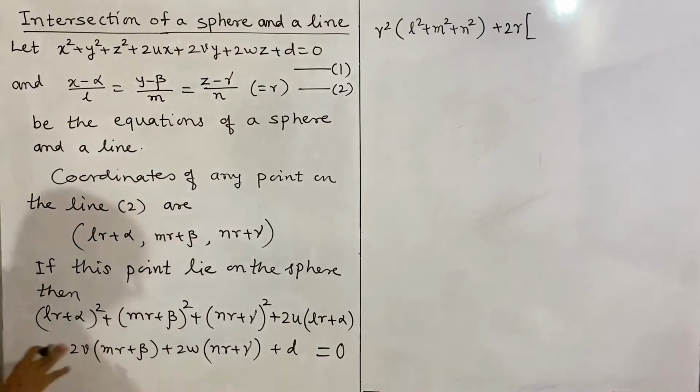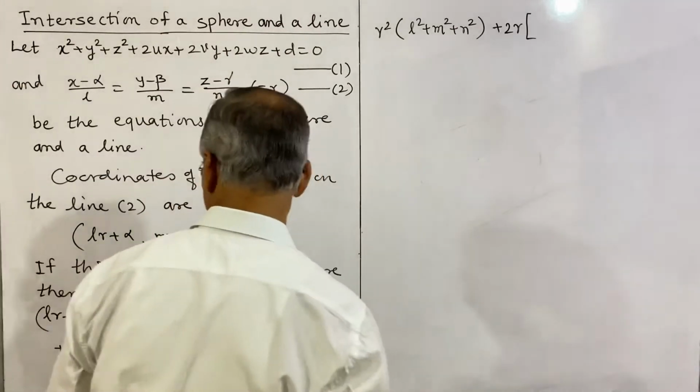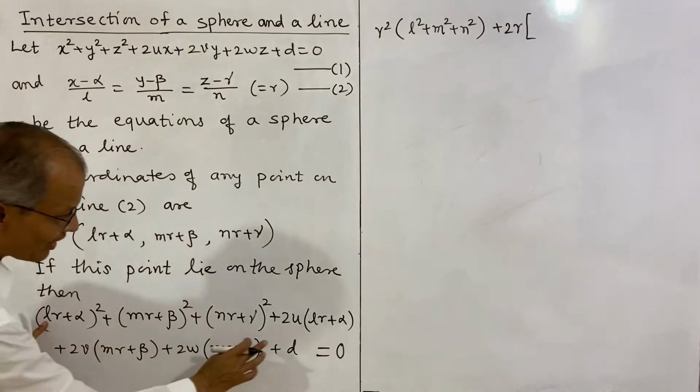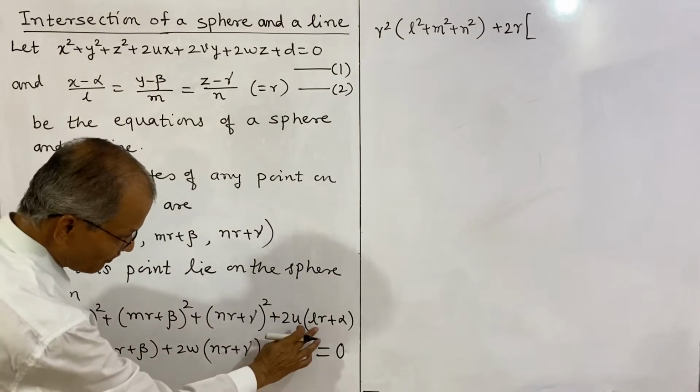These are the terms of 2R, and they can be written as 2R, and in bracket we can see L alpha plus U into L.